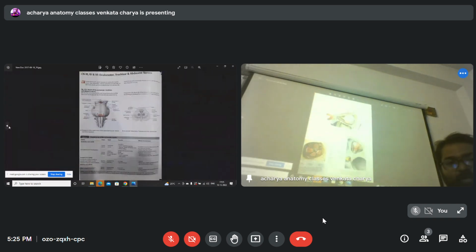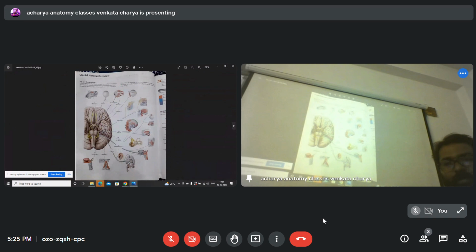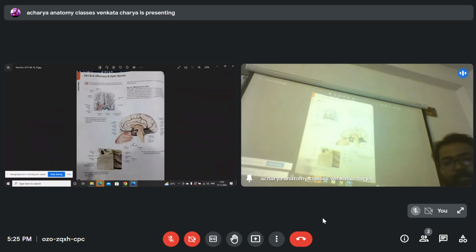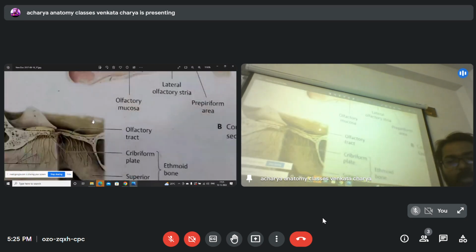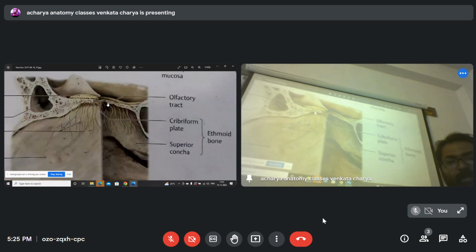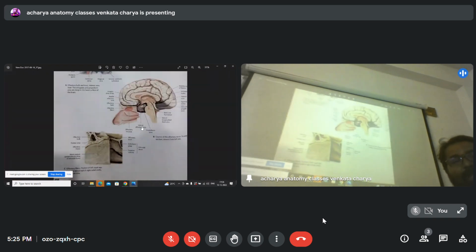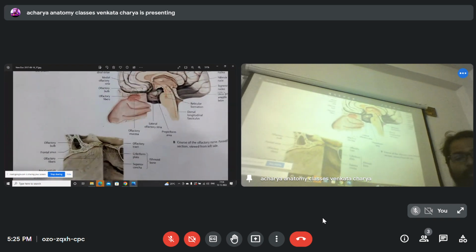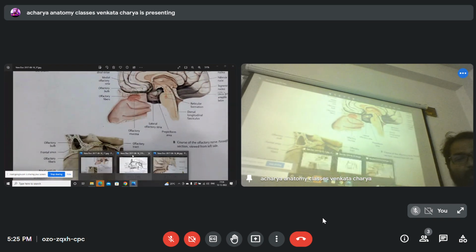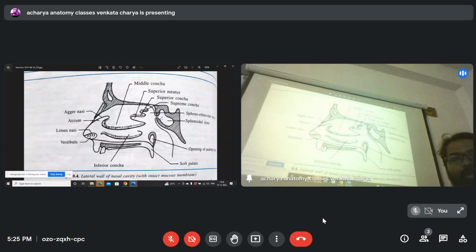Once again I show, this is the cribriform plate of ethmoid, and the sphenoid bone. The roof is formed by the cribriform plate of ethmoid and sphenoid bone.